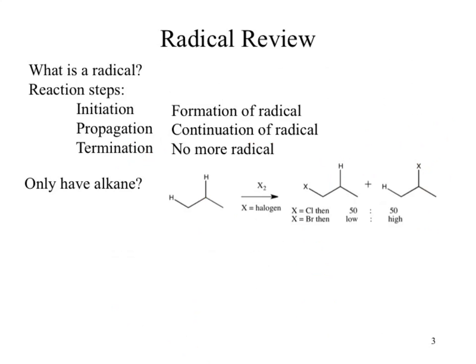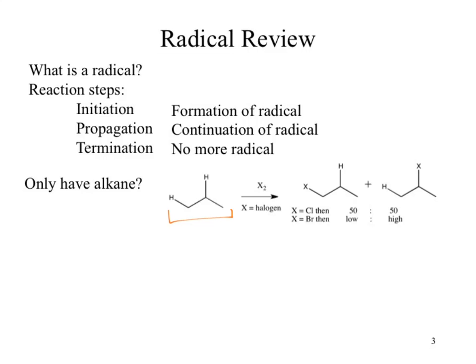So if we take a look at the substrate shown here, what we've got is propane. I highlighted those two hydrogens, pulled them out so that we could see an extra thing that's happening. You'll notice that as I'm saying this reaction occurs, we can put the halogen at either of those two positions. So we're going to do a radical substitution, and we're going to substitute our hydrogen for one of those halogens.